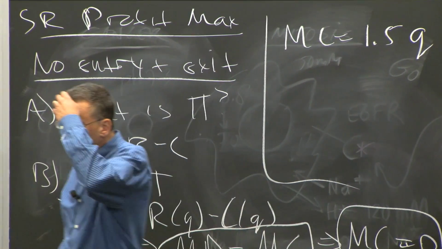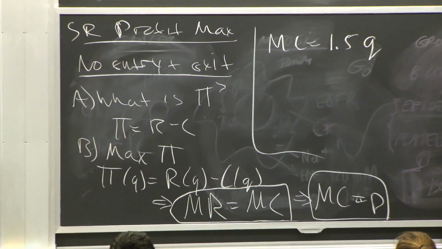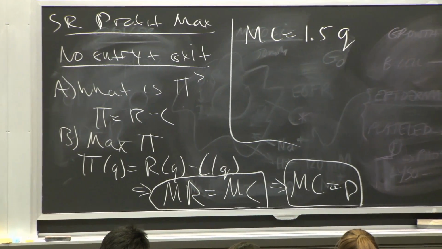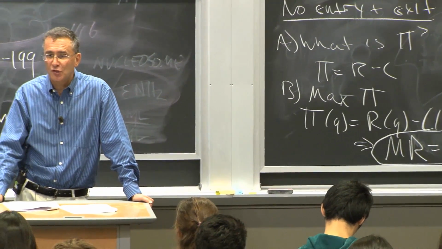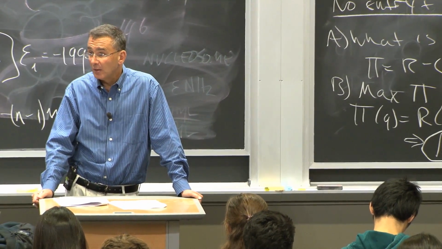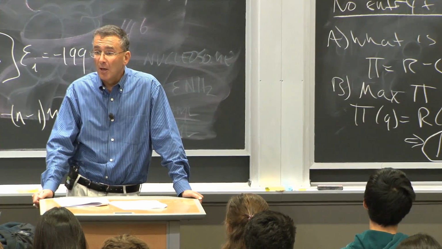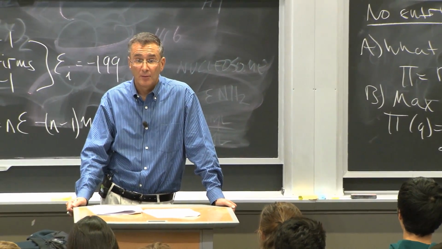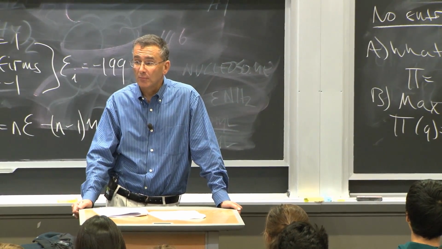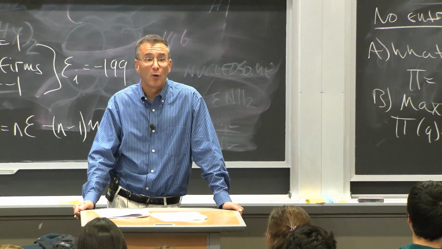So for my second unit, the marginal cost is 1.5 times 2, or 3. But what do I sell it for? 9. So should I produce that? Definitely. I sell it for 9, it only costs me 3.